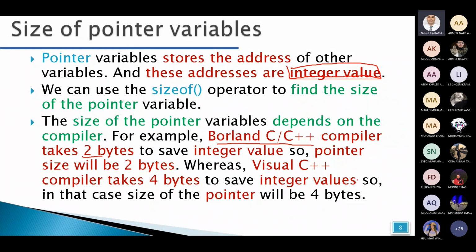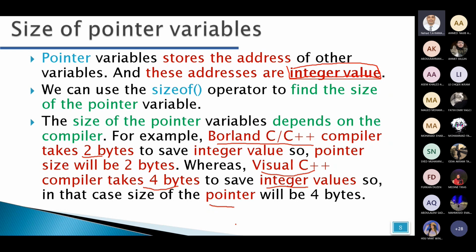Other compilers like Visual C++ and some current compilers use 4 bytes for the integer value. Some compilers give the same size for the pointer, which is 4 bytes. Some other compilers give a different size for the pointer.